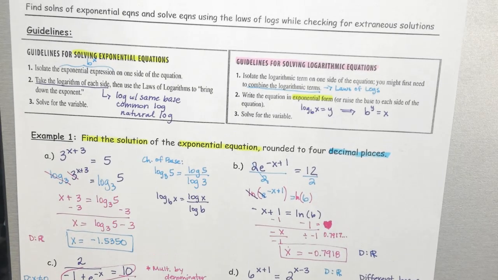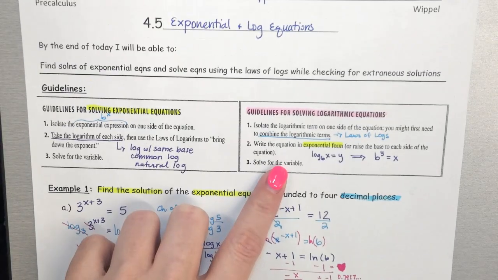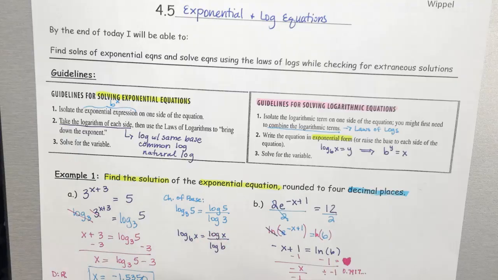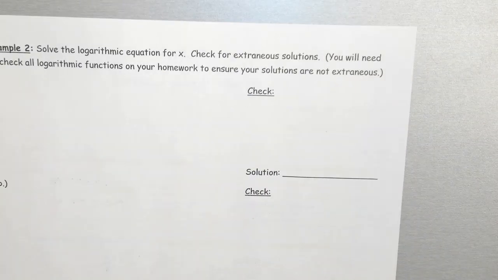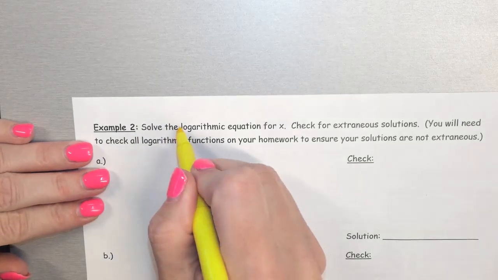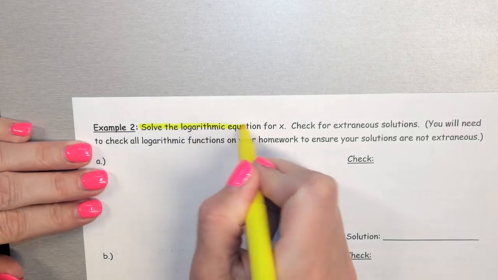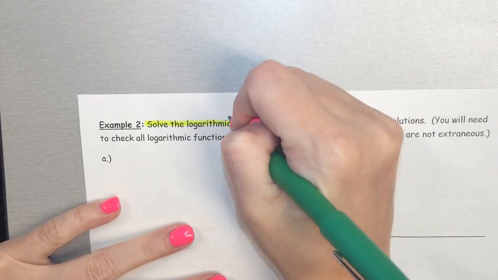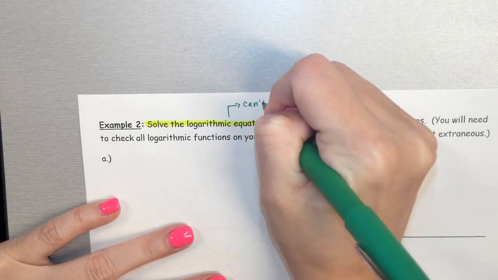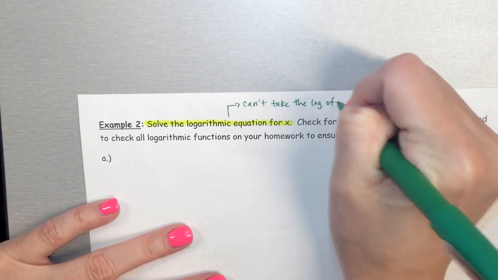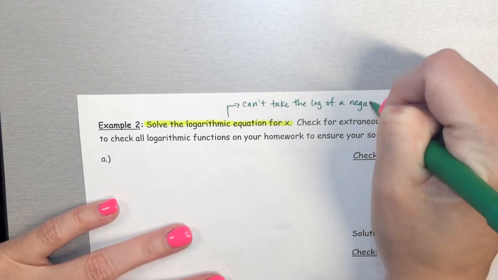Now with logs, the domain is not all real numbers. With exponential equations, as long as they're not in a fraction, it was all real numbers. But remember, with logs, you can't take the log of what type of values? When we're getting errors. Yep, so you can't take the log of a negative, or 0.